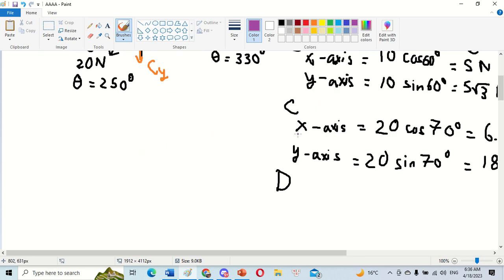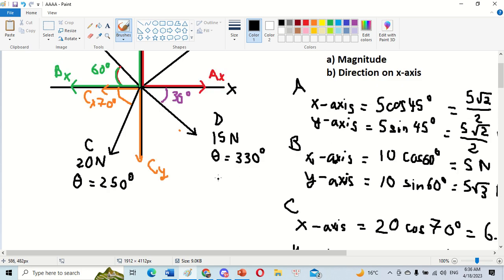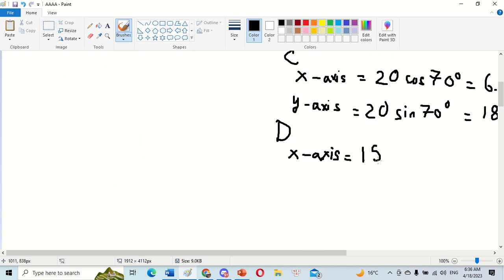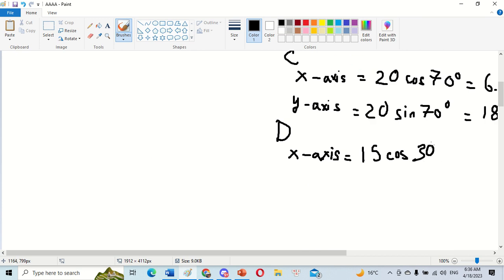And now we need to find the x-axis and y-axis in here. So that is about 15. We multiply by cosine, and that is about 30 degrees.